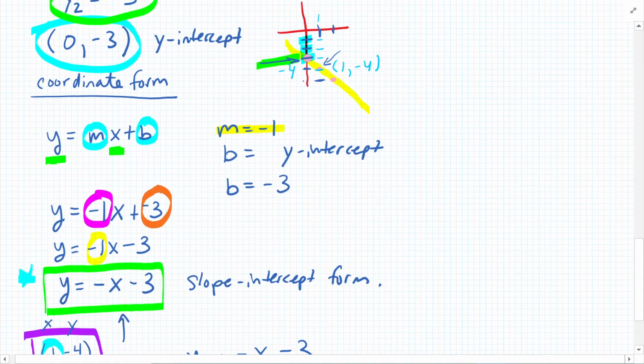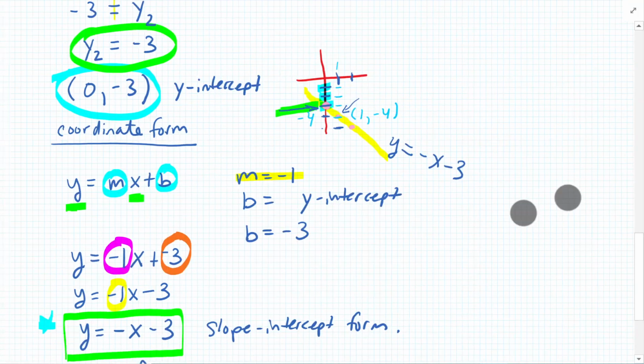We know a lot about this line now. We know its slope. We know it's negative. It's going down left to right. And I think I'd like to do one last thing, and that is just label this line, give it its name. It's called y equals minus x minus 3. Okay? We know its y-intercept.